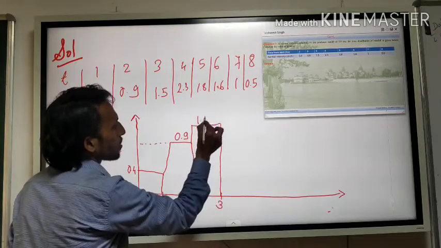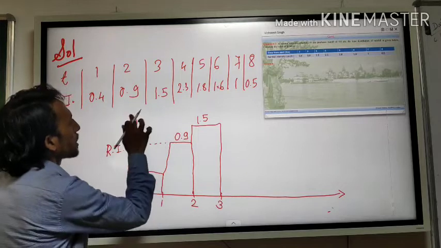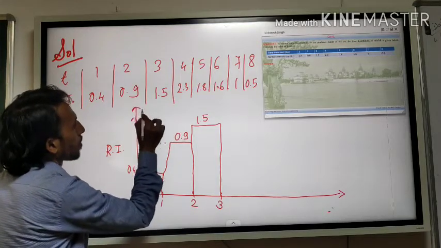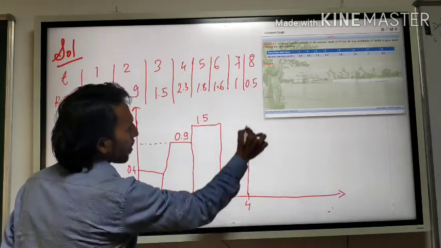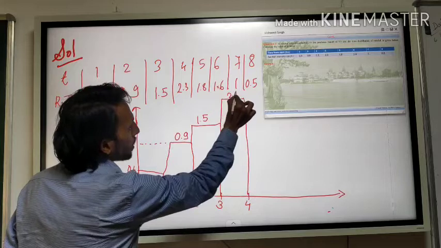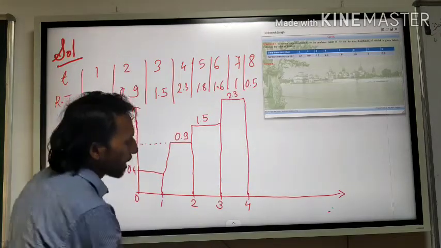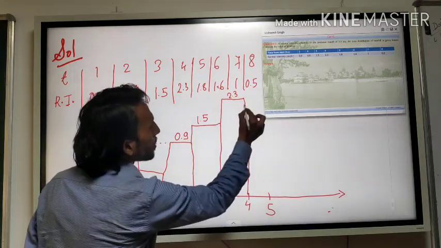Then 2.3 for the fourth. Then for the fifth, it is 1.8.